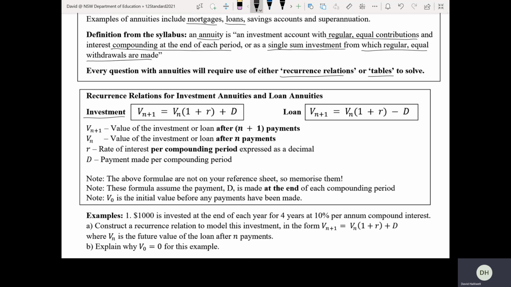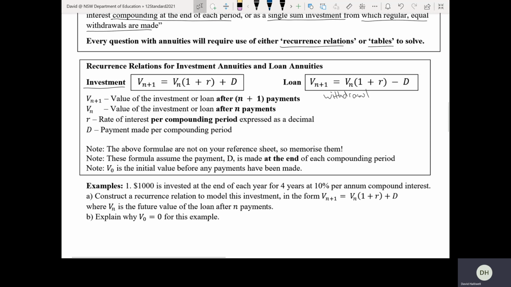And for a loan or withdrawal type of annuity, this is the formula that you would use on the right. Just like our previous understanding of recurrence relations, whenever you see the n+1 bit, think of that as the next value, and think of V sub n as the current value.